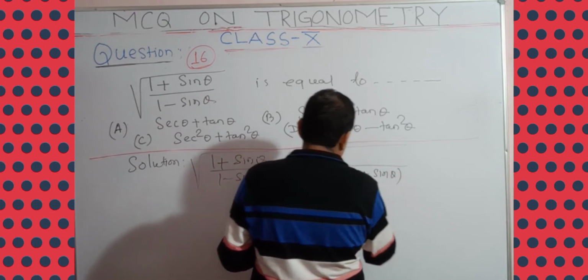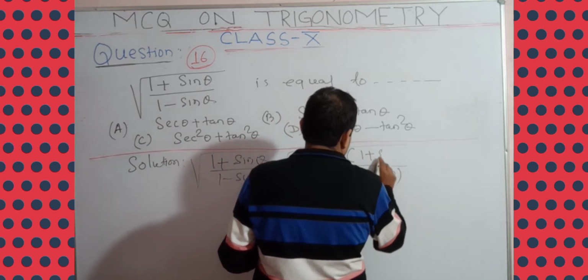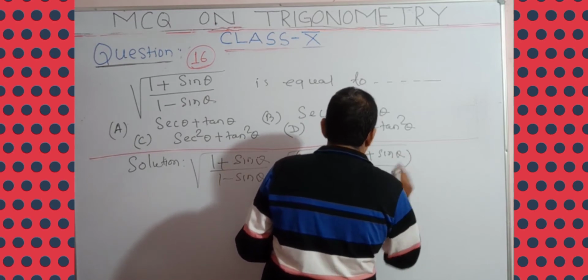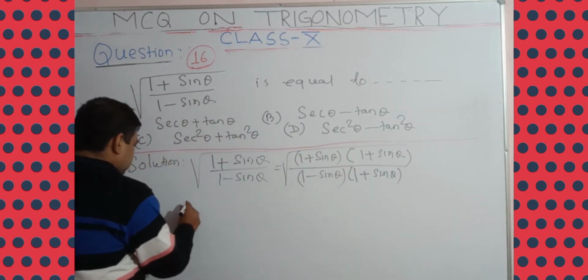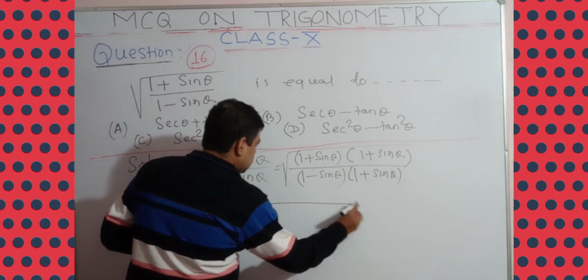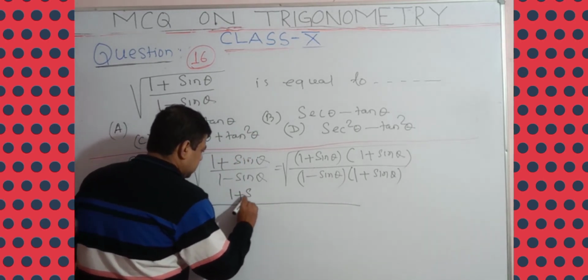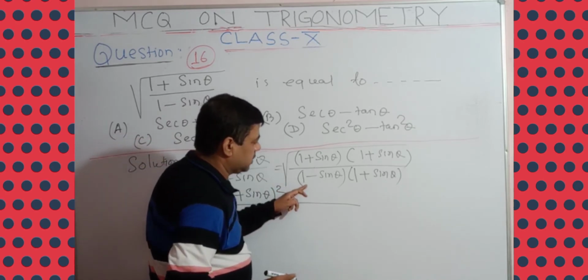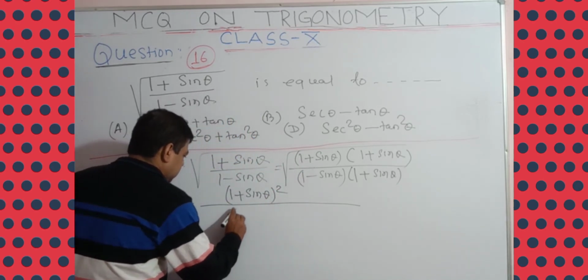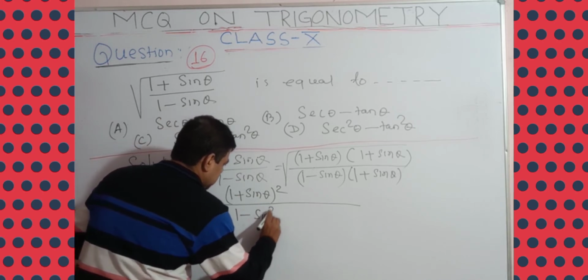The same is multiplied in the numerator. Now 1 plus sin theta into 1 plus sin theta is 1 plus sin theta whole square, and 1 minus sin theta into 1 plus sin theta will be 1 minus sin square theta.